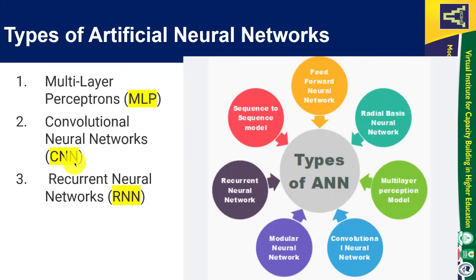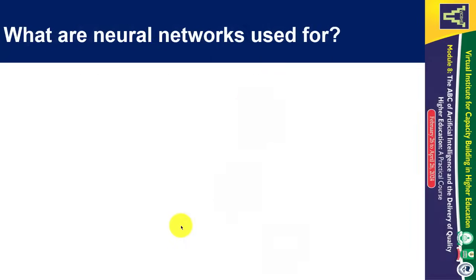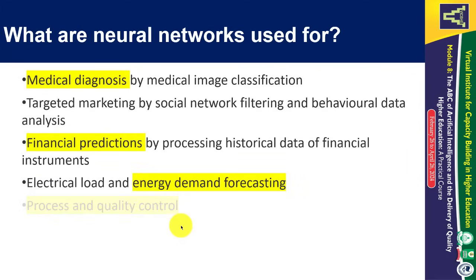CNN, but note this CNN is convolutional neural networks. The third one is recurrent neural networks, RNN. So you have MLP, CNN, RNN. I may just give you which one is not part of this. So these are the different types of artificial neural networks. What are they used for?